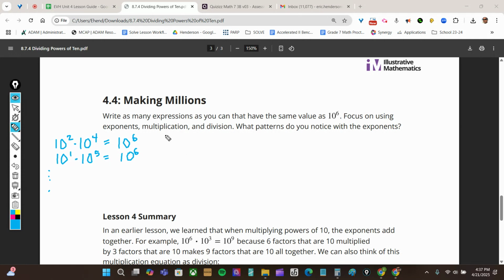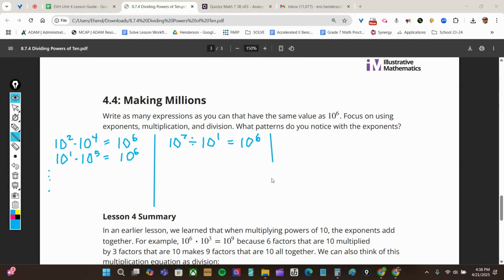Then you got division. Why don't we just do a line? How about that? So with division, you could do 10 to the 7 divided by 10 to the 1 equals 10 to the 6.